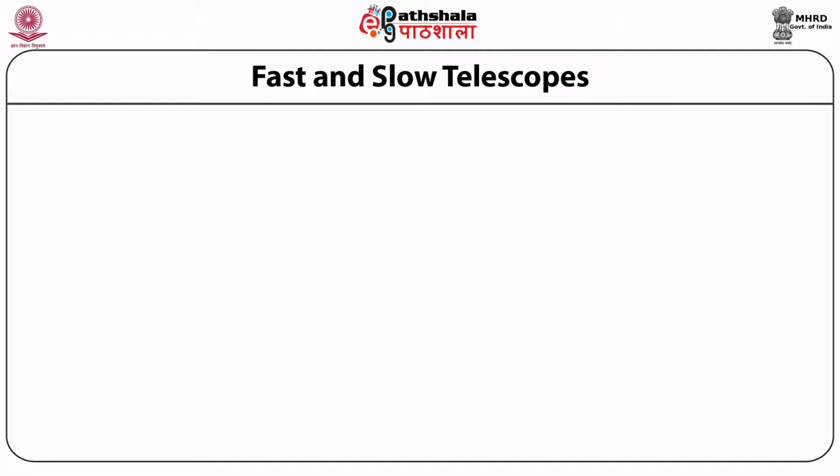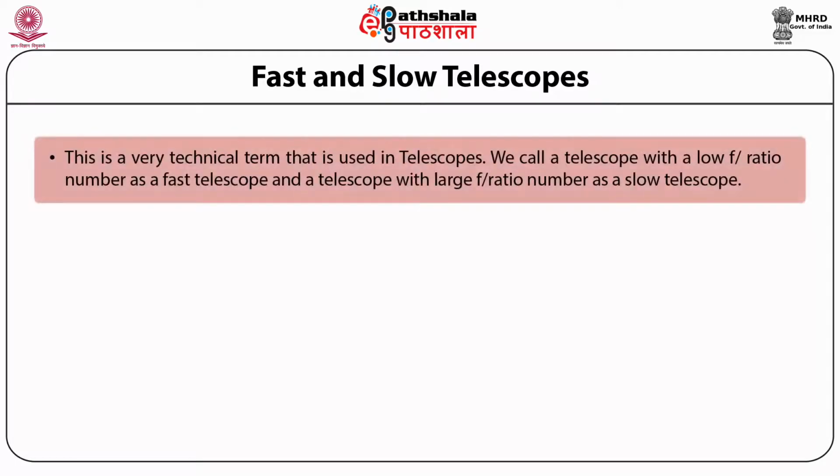Now we discuss what are the fast and the slow telescopes. Fast and slow telescopes is actually a technical term that we use to describe the functioning of these telescopes. We call a telescope with a low f/ratio number the fast one and a telescope with a large f/ratio number a slow one.